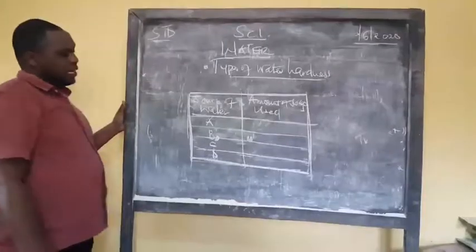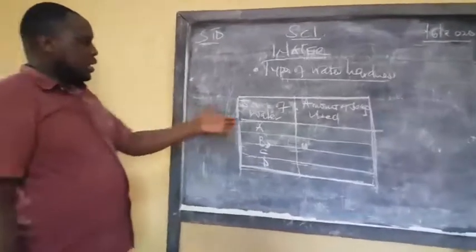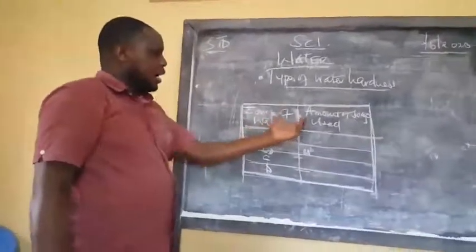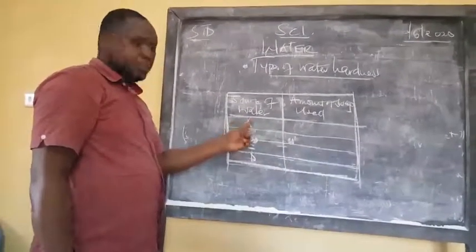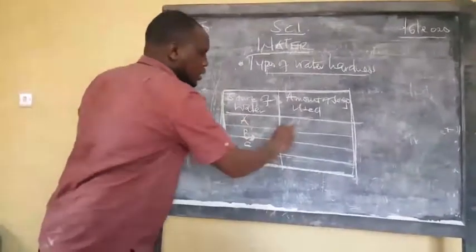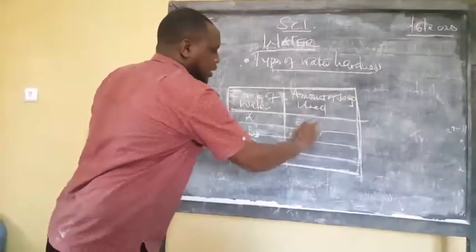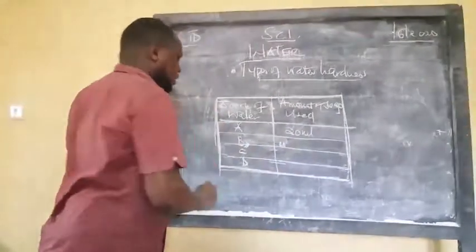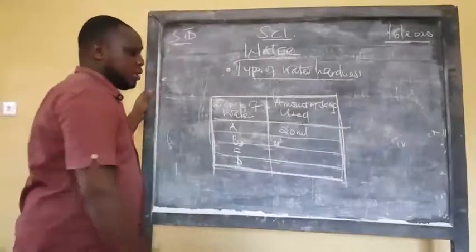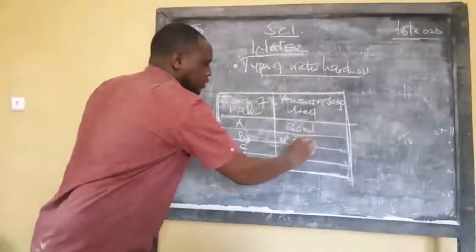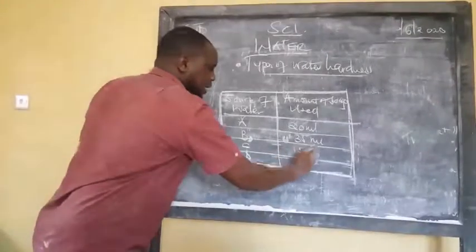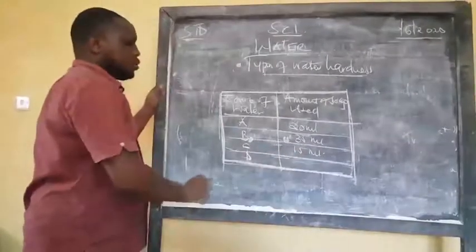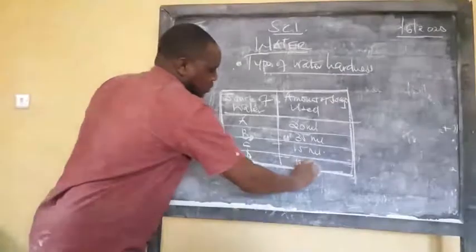our time. Understand what we are doing. The table is source of water and amount of soap used. So water from source A used 20 ml of detergent. Water from source B used 35 ml of detergent. From source C, 15 ml of detergent, and then source D, 10 ml of detergent.